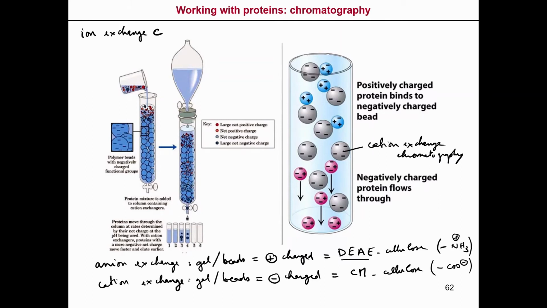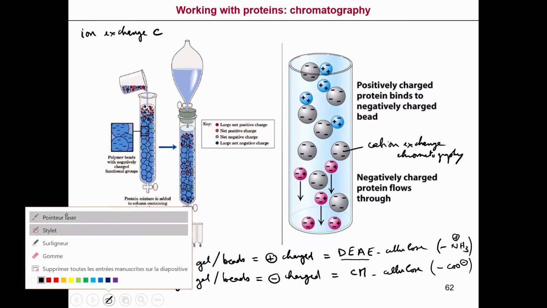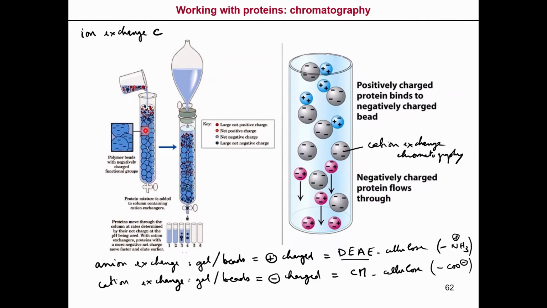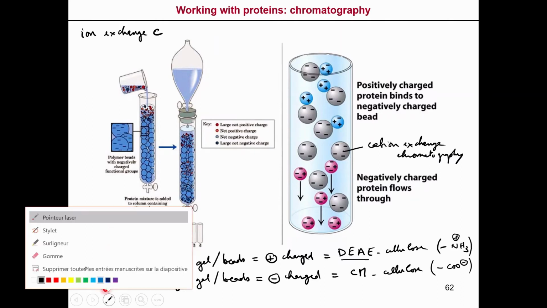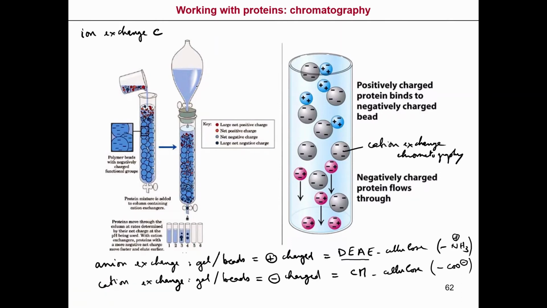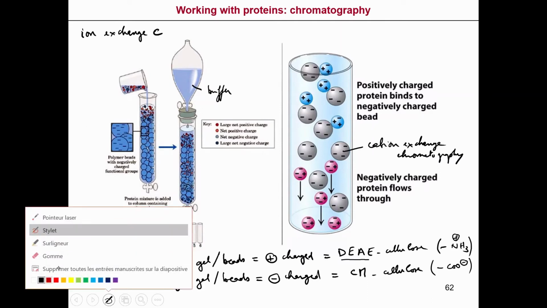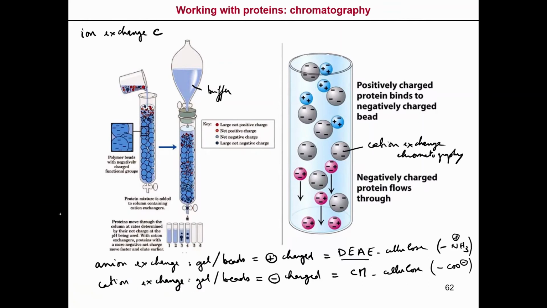Okay, so you have the beads which are negatively charged. You will put the mixture of your proteins, and after you will add the buffer here. You have to choose correctly your buffer and especially the pH of the buffer, but we will see that.